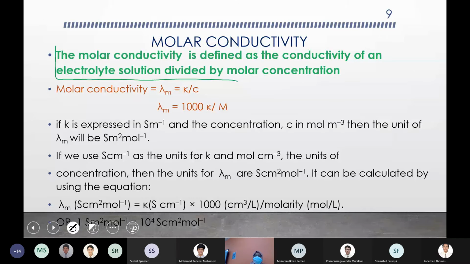And molar conductivity has the symbol lambda m. Lambda m is the molar conductivity. So we already know conductivity is K. So K divided by C, concentration, is the molar conductivity.